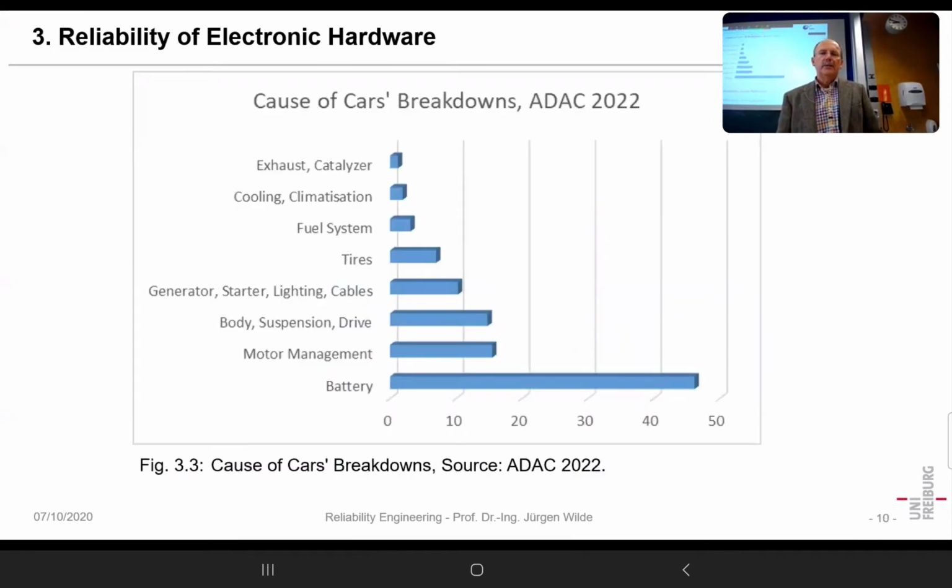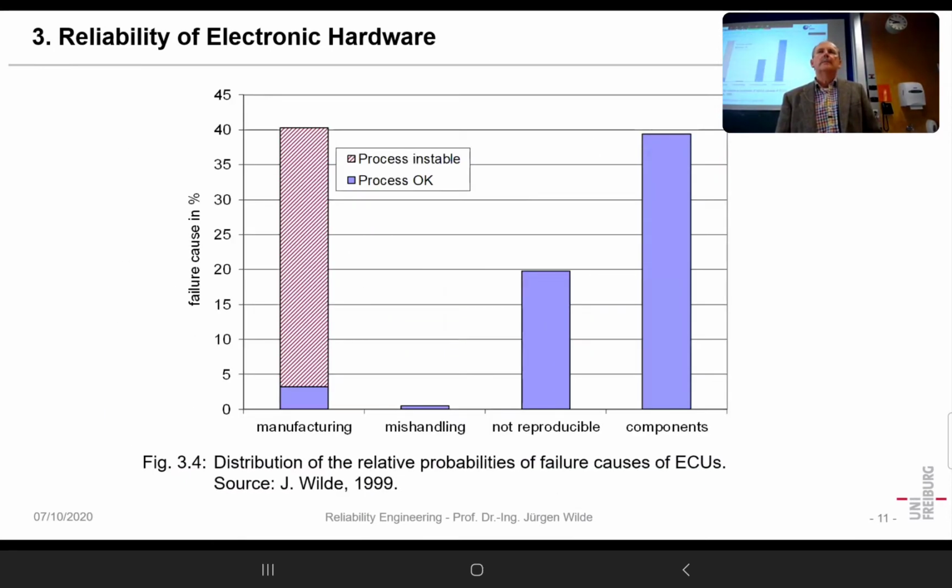And so I think they still have 8-bit microcontrollers for some applications. Of course, trend went towards 16-bit or higher, but in the end, we have these electronic control units, and here that's an example of one I did investigate in 1999.